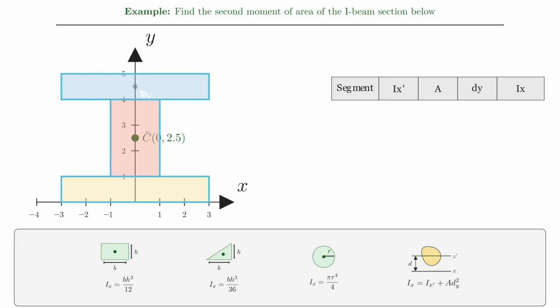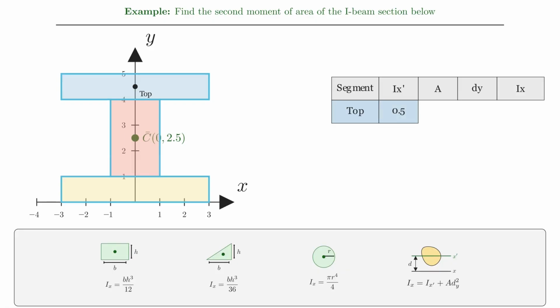Starting with the top flange, we calculate the local inertia for the rectangle that is 6 meters wide by 1 meter high. Applying the formula, the base times height cubed over 12, we have 6 times 1 cubed over 12, which is 0.5 meters fourth.